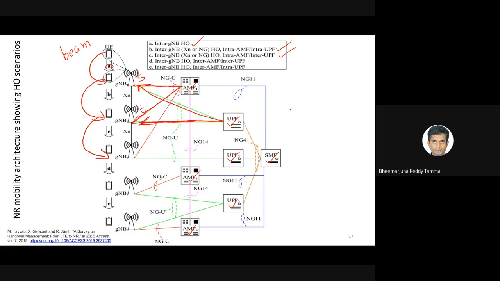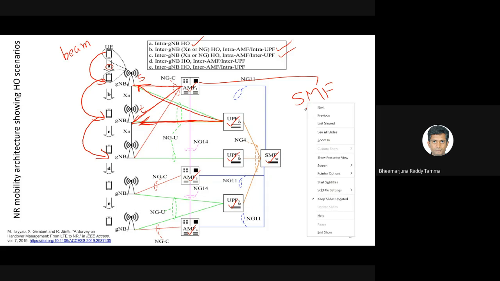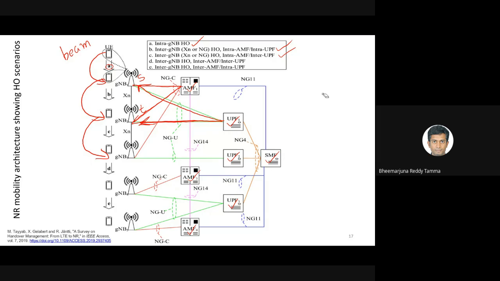In that case, your AMF informs the SMF, and the SMF informs the other UPF, which will talk with this one. So a lot of signaling happens in the core network for all of this. But at a high level, this is what I wanted to show.